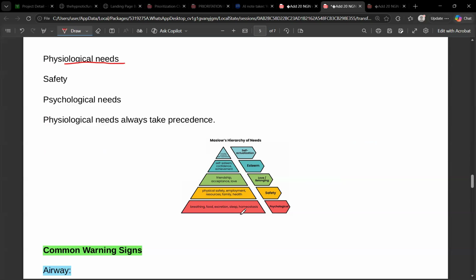These come under the physiological needs. Then only we go for safety, physical safety and employment safety. Next is friendship, love and belonging. Next is self esteem and self actualization.